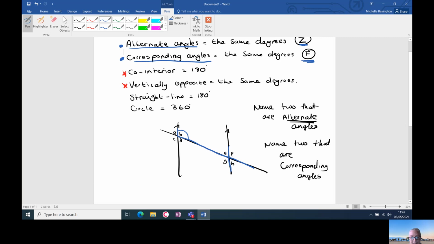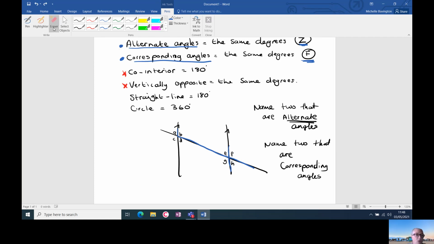It can't be this one because that's inside, that's co-interior. It's got to be on the same line. So it must be B and F. Have a go at trying to find another set of alternate angles and corresponding angles.